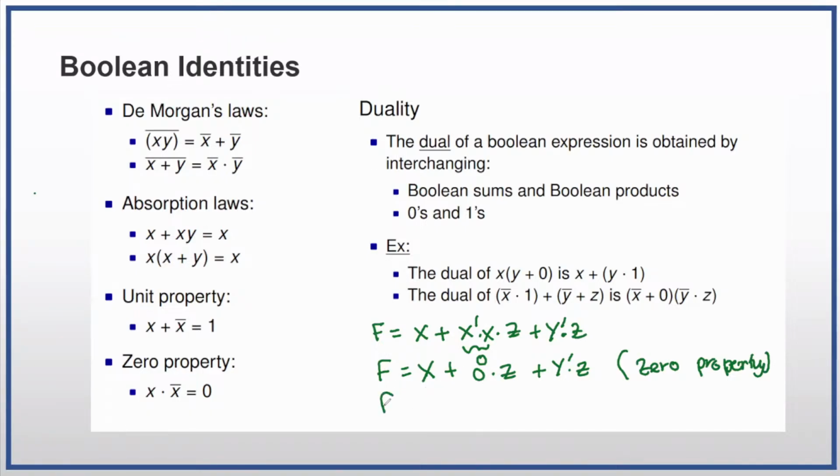Then as the next step, you can eliminate this x plus 0 plus dot. It is done with what? Identity law. So you can remember the identity law here.